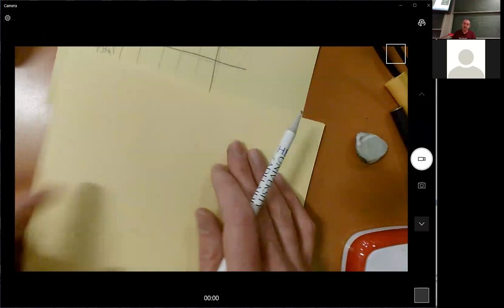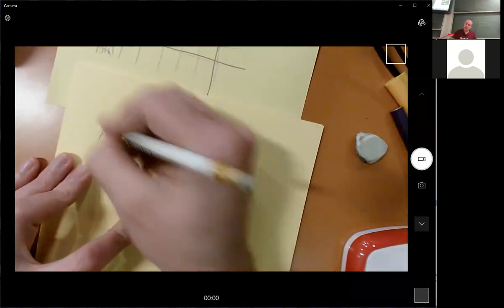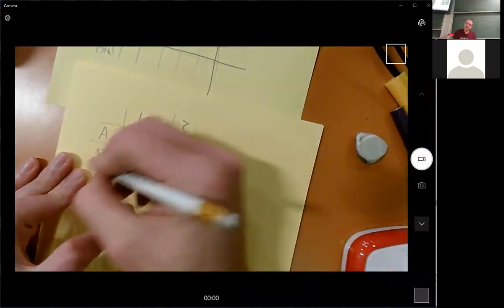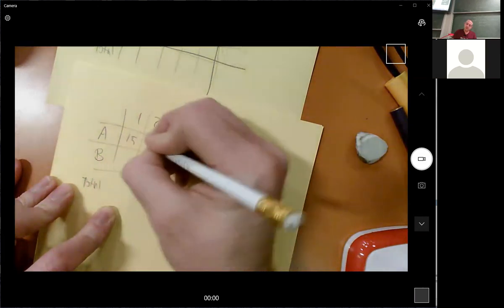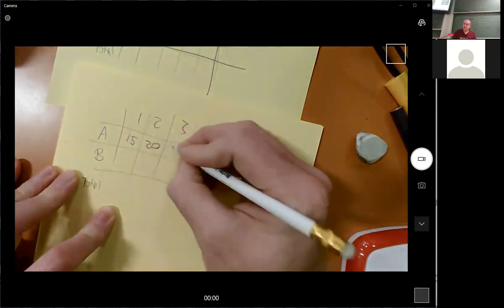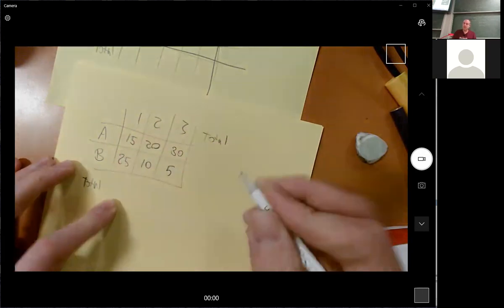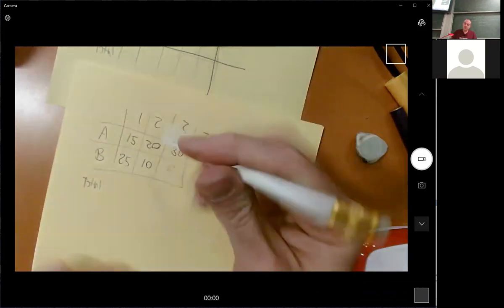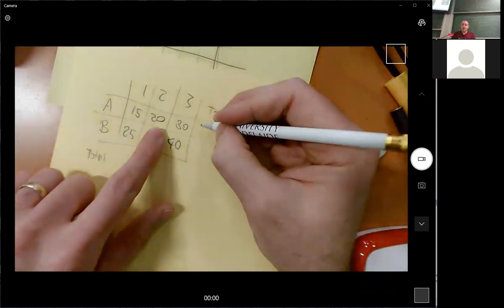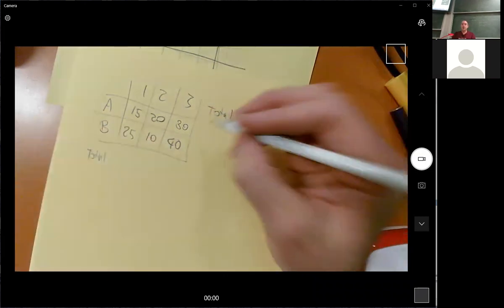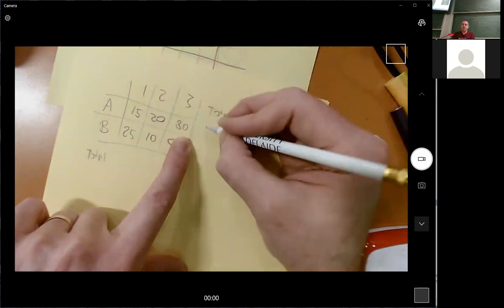So I'll do it smaller than that. So what if it was like this? So if it was like this, then I've got the total number of A's is 30, 40, 50, 65.